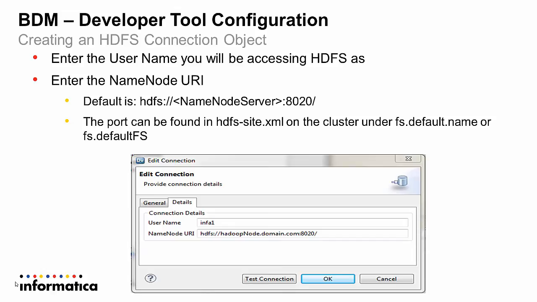And if the Hadoop administrator doesn't give you the information for whatever reason, look at the hdfs-site.xml, navigate to the fs.defaultFS property, and you'll find what the name node is, right? So you just put in your username, you put in your URI, and you're good to go.